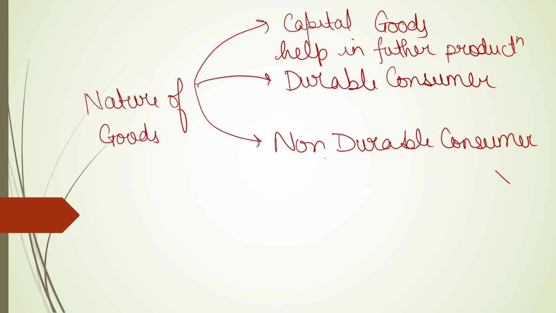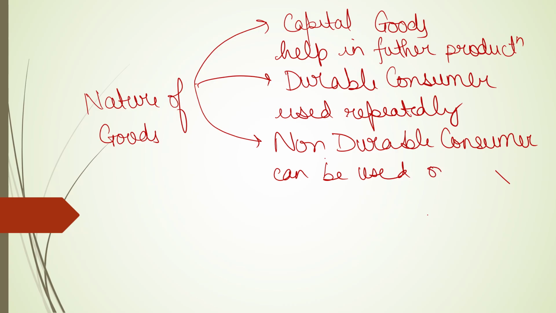Then we have durable consumer goods. They are consumer goods which can be used repeatedly. Like there's a new demand of a certain product that was released earlier. Non-durable consumer goods are goods which can be used only once, like disposable goods, and price of one product, price of related product based on the dependence.